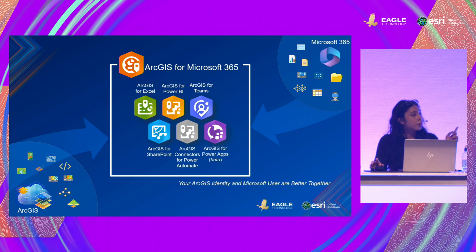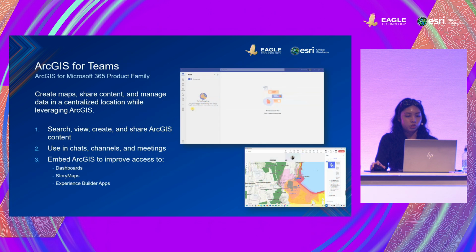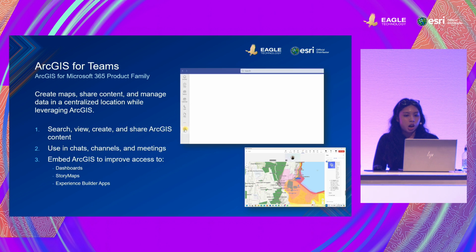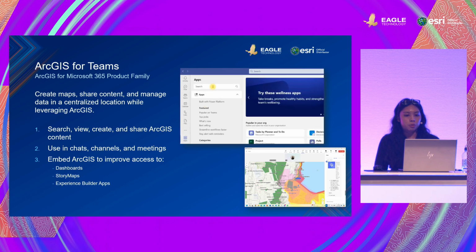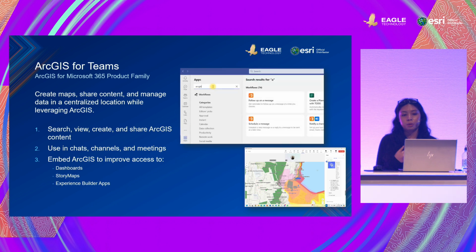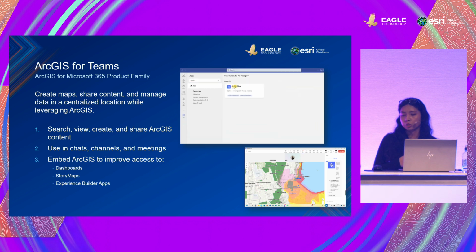On the screen, you can see a variety of apps, including ArcGIS for Excel, ArcGIS in Teams, Power Automate, SharePoint, and Power BI. I'll be talking about each of these in the upcoming slides. ArcGIS for Teams provides a seamless way to access and collaborate on your ArcGIS content within Microsoft Teams.